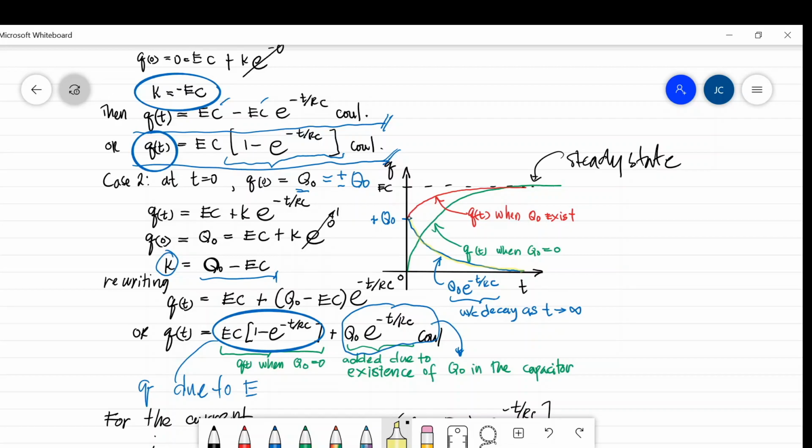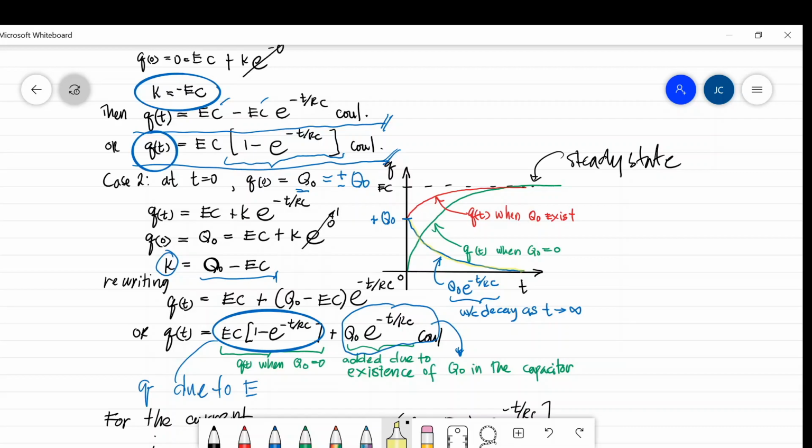If this is positive, the Q sub O initial at time 0 adds up to the charge supplied by the source. At time 0, the charge supplied by the source is 0.